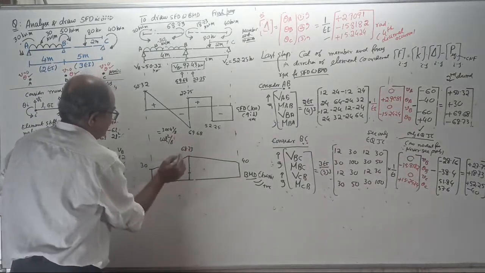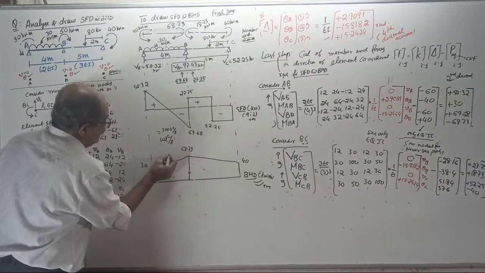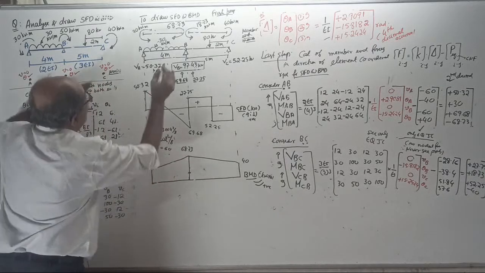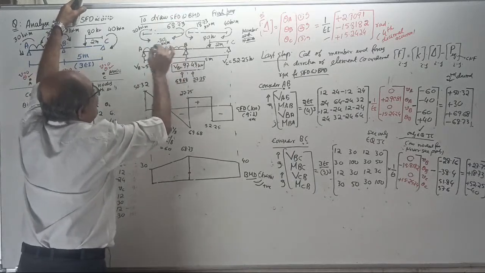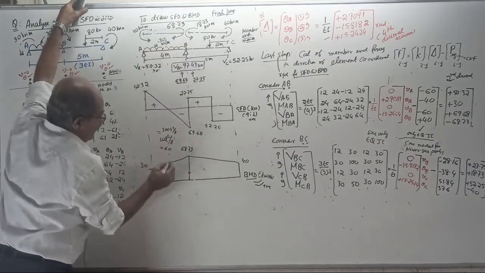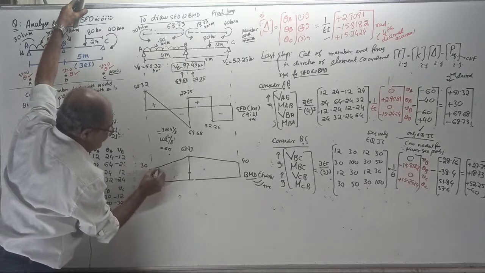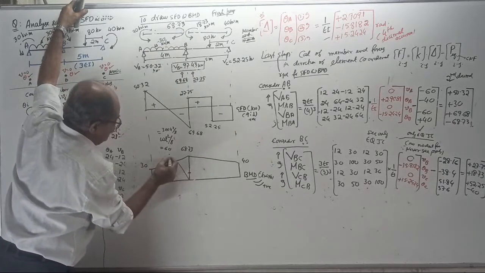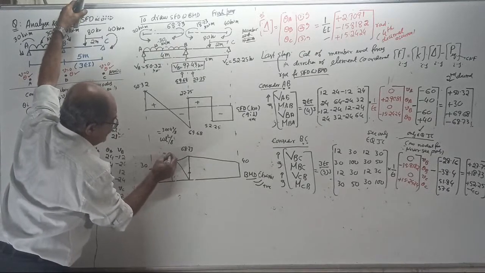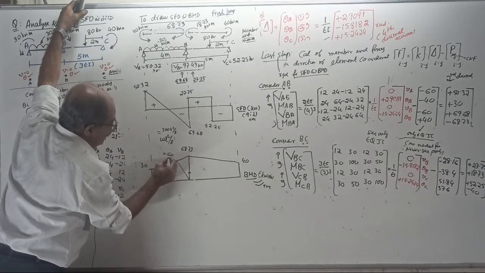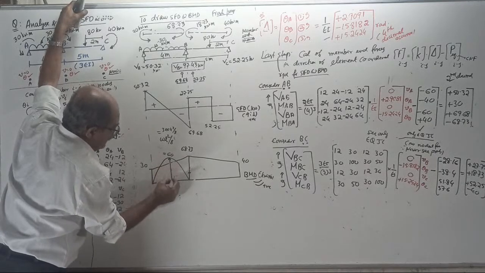That ordinate is 60. It is a parabola, simply supported beam, no continuity. The highest value is 60 here.